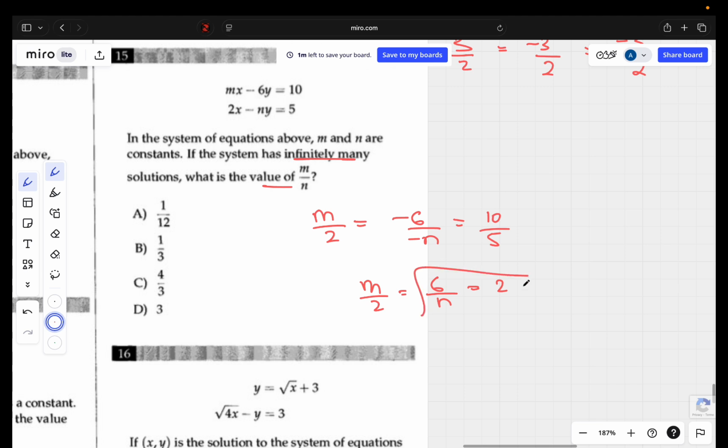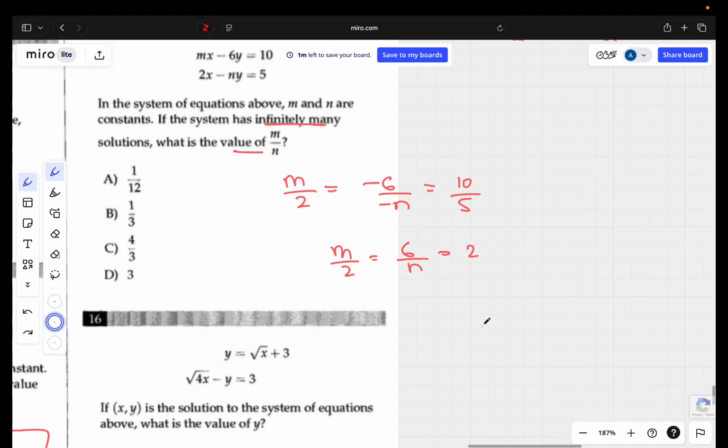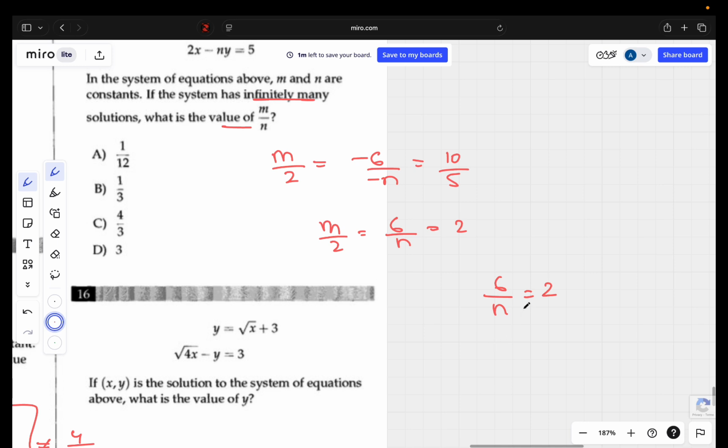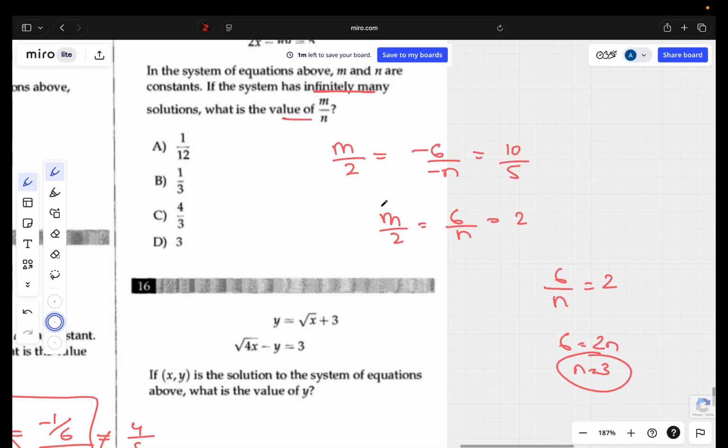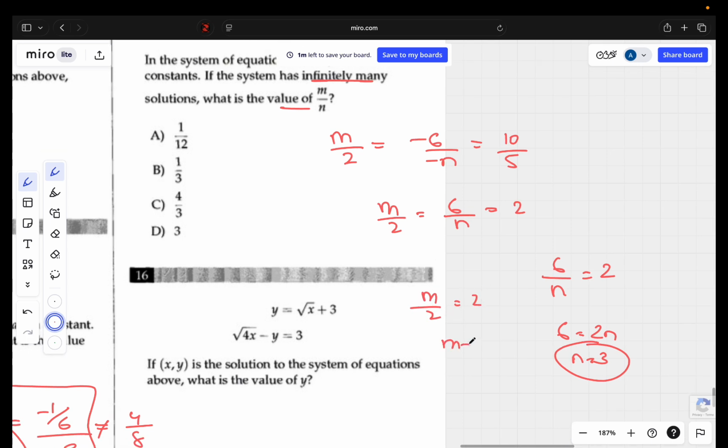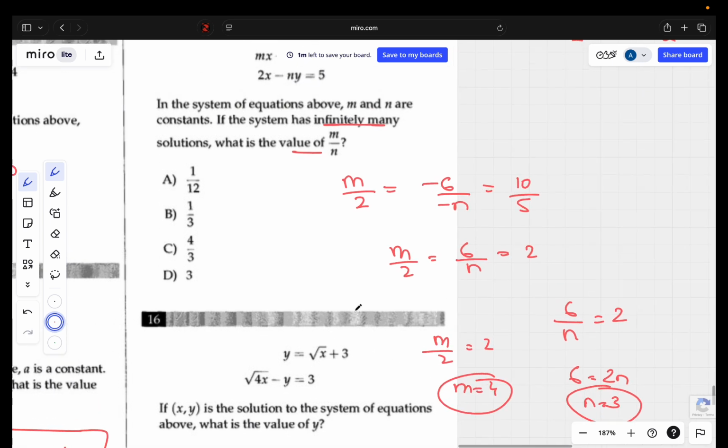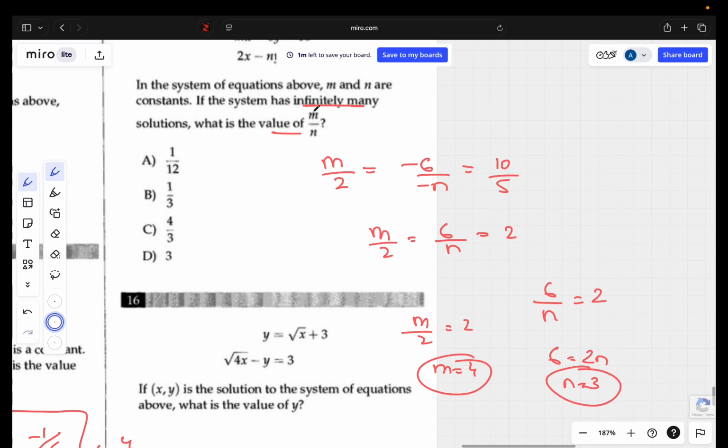So I can make this equal to this, which means 6 over n is equal to 2, which means if you bring the n up, it becomes 2n. 6 equals 2n, which means n is equal to 3. That's n, and then we can solve this. M over 2 is equal to 2, which means if you take the 2 up, that's going to be 4. M is 4, n is 3, so it'll be 4 over 3.